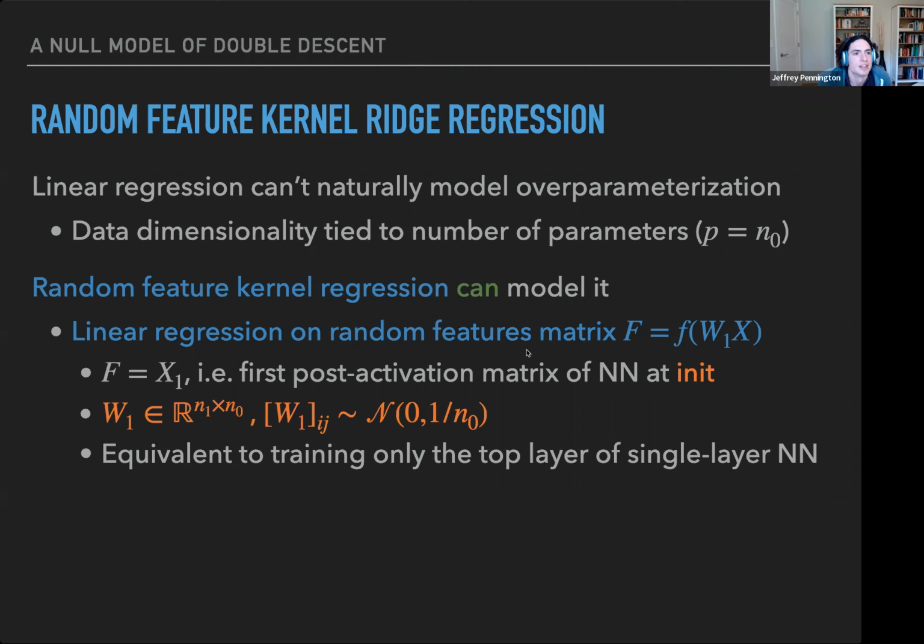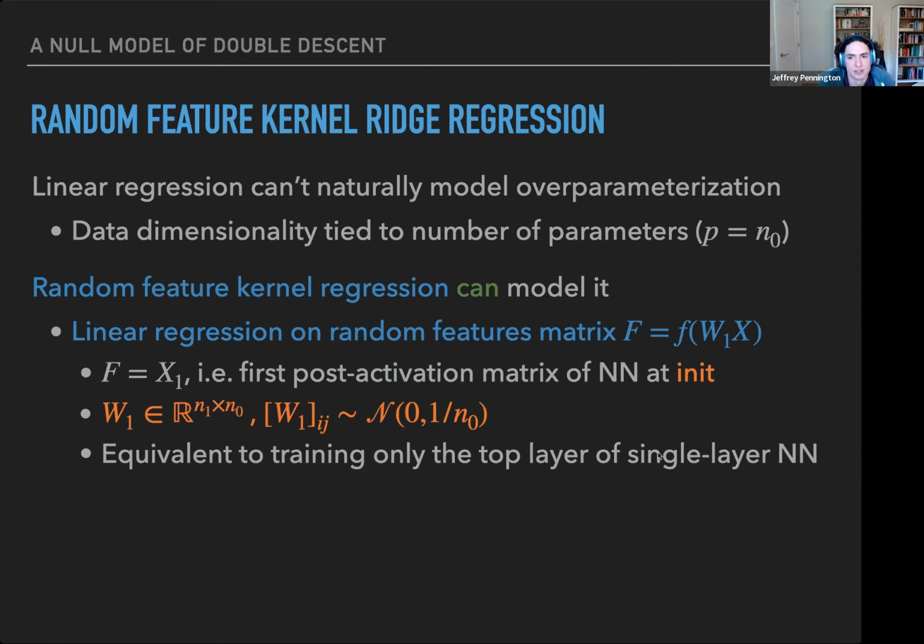In fact, if you just view this model as a single hidden layer neural network, this random feature model is equivalent to training the weights of the top layer, leaving W1, the lower layer, fixed. So there's a direct connection here to neural networks, both structurally in the form and more precisely in this very simplified setting where you train the top weights.